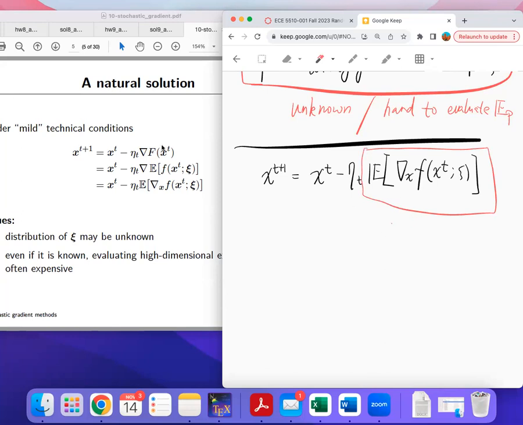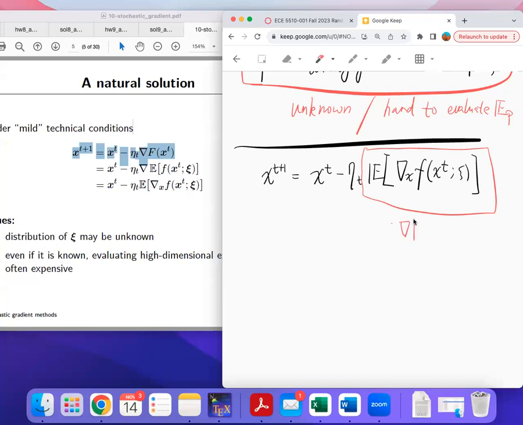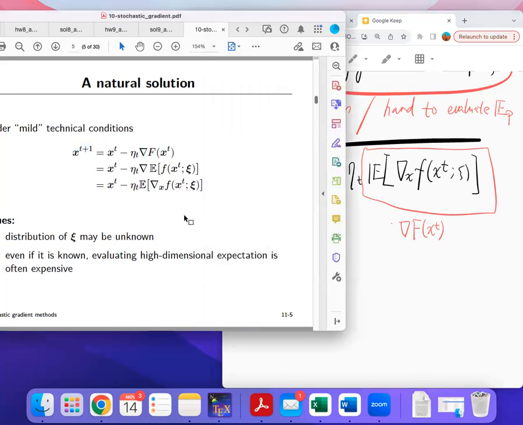This is essentially the first term, right? The gradient of capital F. But we do not have access to this exact gradient.